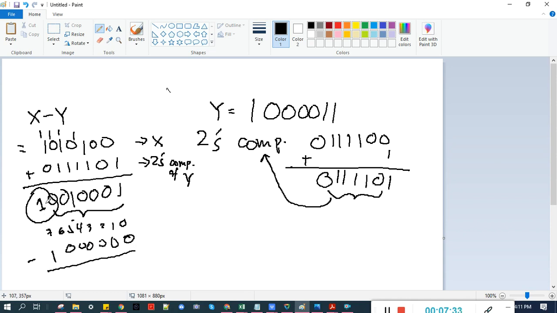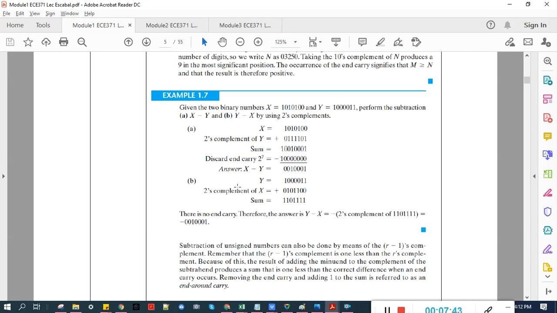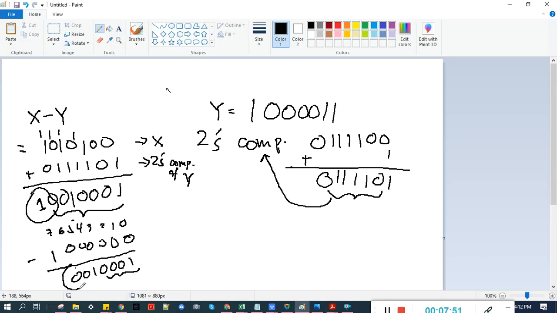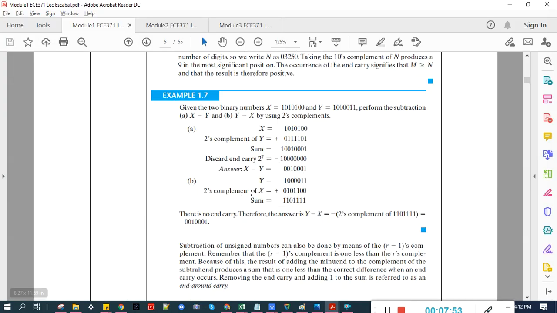What will be left is 0010001. So the final answer: x minus y is 0010001, or we discard the two leading bits since they are both 0, so the answer is 10001.